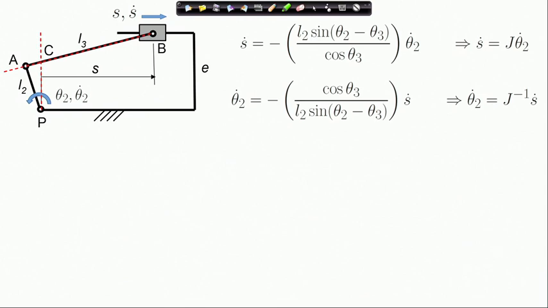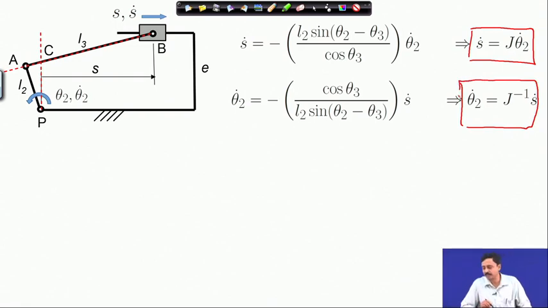So, I will write this in a compact form as I have done here. So, S dot is the Jacobian times theta 2 dot, and by inverting the Jacobian I can write theta 2 dot is Jacobian inverse, which is again 1 over j. Jacobian inverse, here it is a scalar. So, Jacobian inverse is 1 over j times S dot.